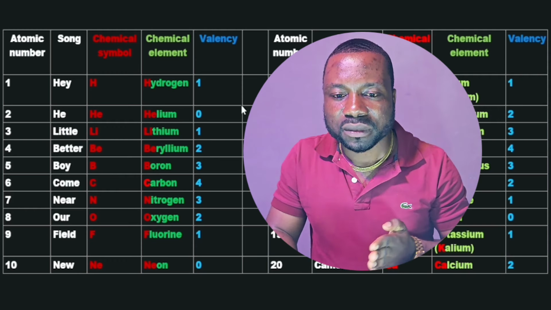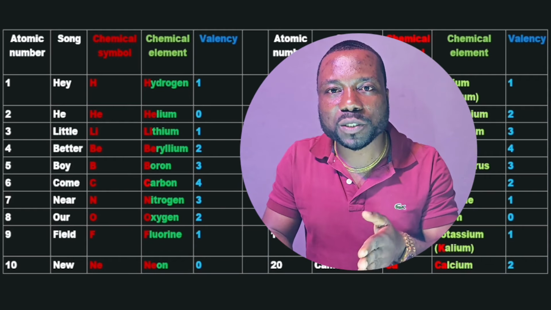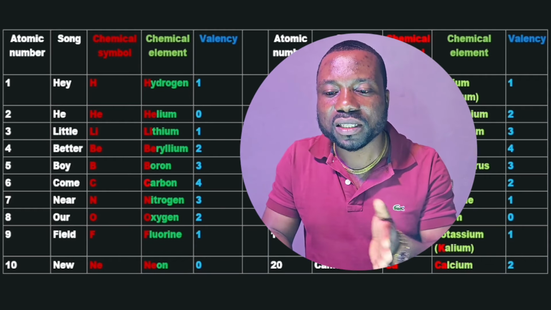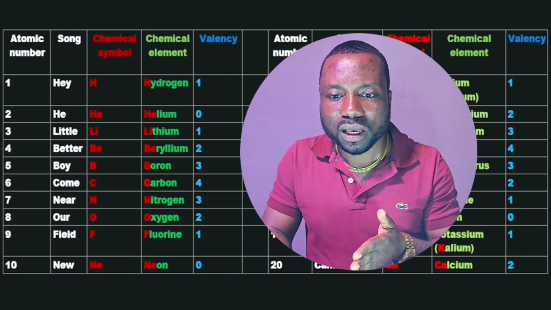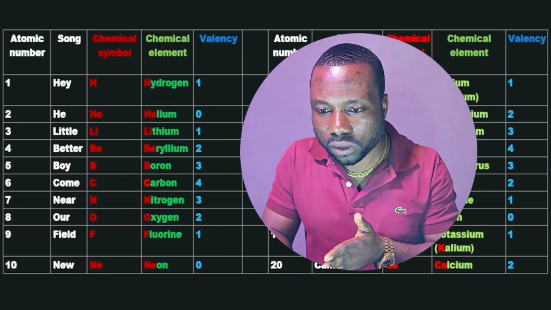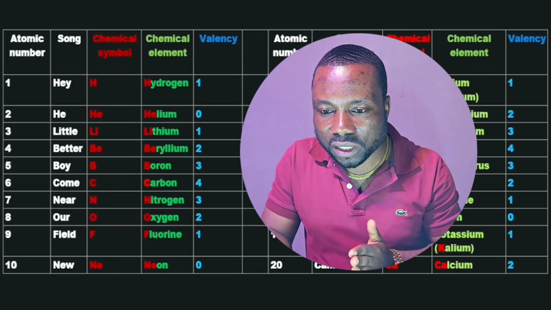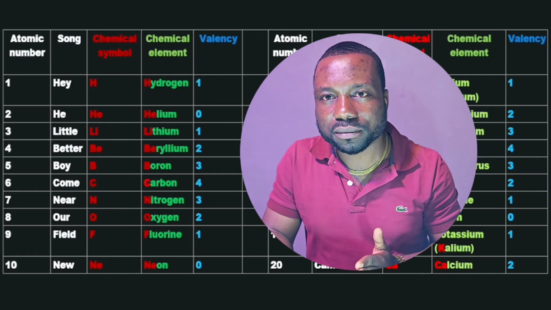Now, after singing the song in that order, you'll be able to know the corresponding valencies of the different elements. For example, if you sing the song and you reach nation, nation is number 11. How then do you know the valency?